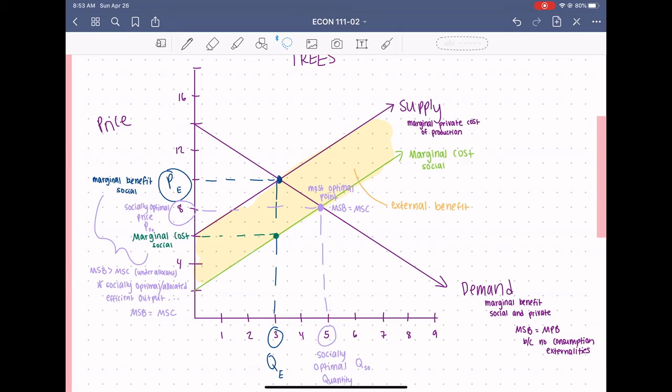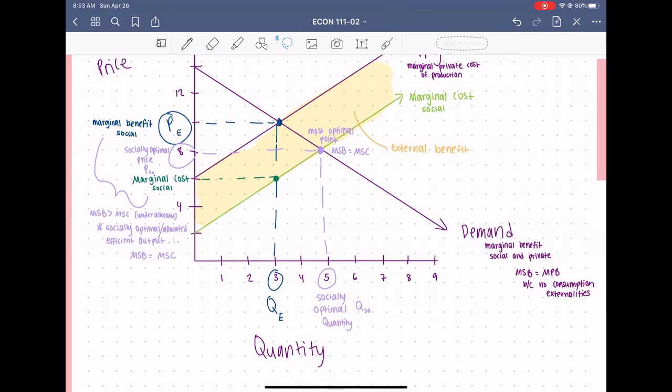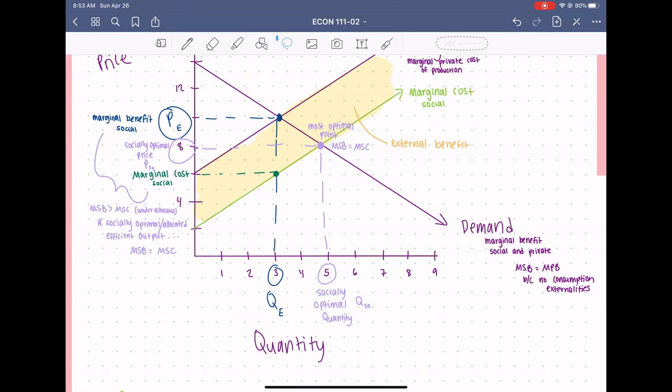And this creates this shaded area that's external benefit. And when you're looking at this graph and the different intersections, obviously we have our social marginal benefit and this quantity of equilibrium. But now that we've added this line of marginal social cost, we have some new things. So the quantity of equilibrium is staying the same, at least for now, but we have a new marginal cost, and that's social.